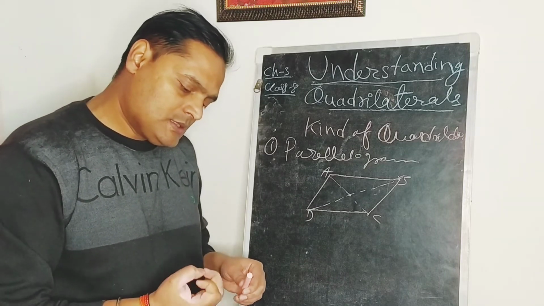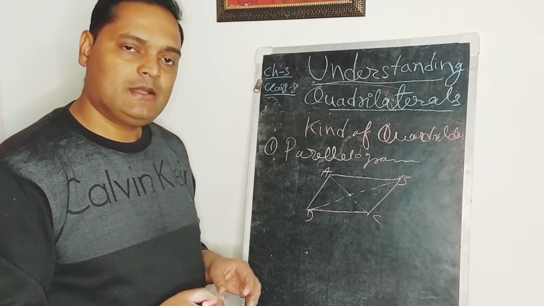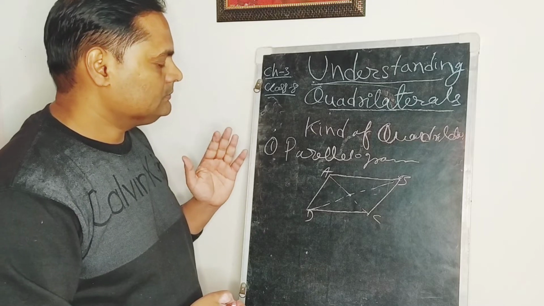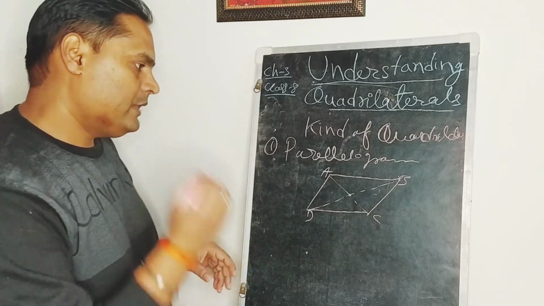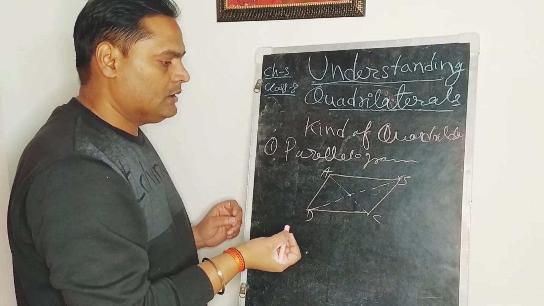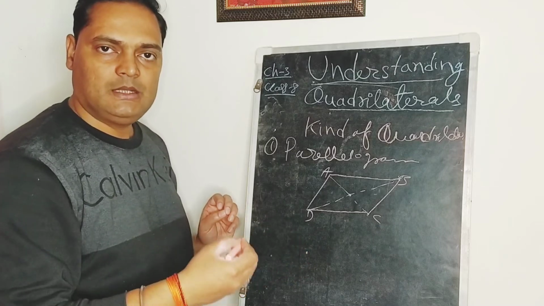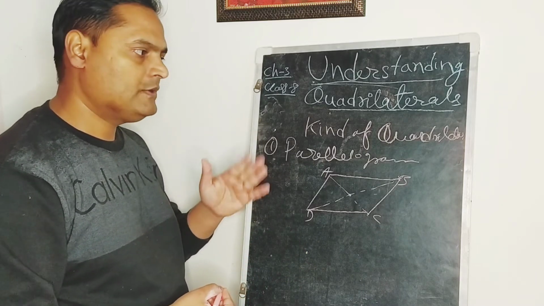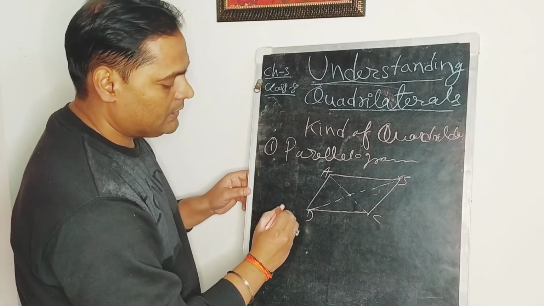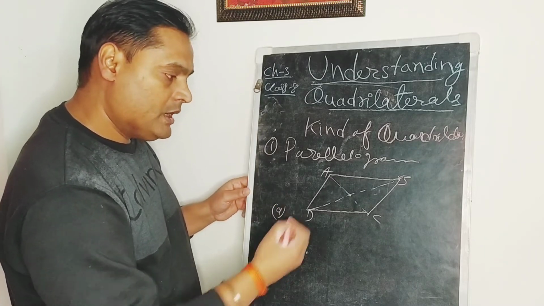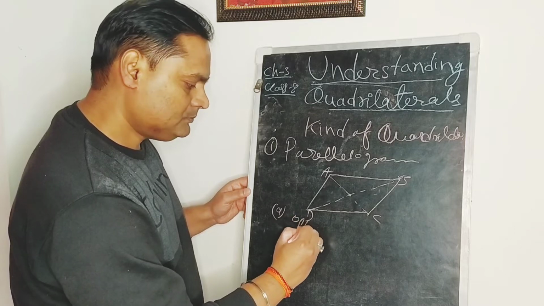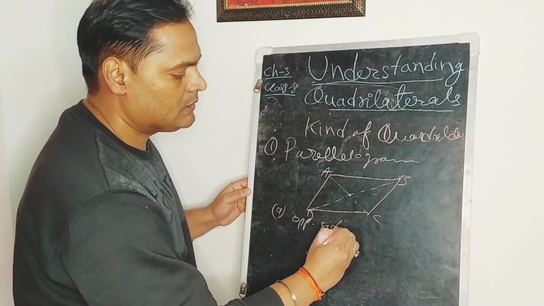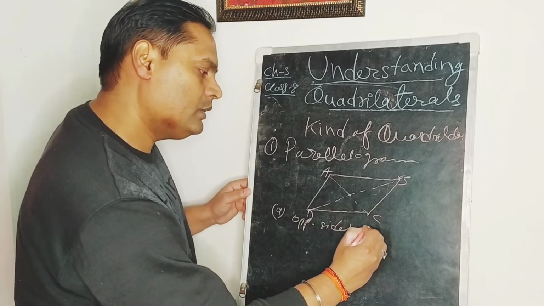So how do I classify and say that this is a quadrilateral? If it is meeting the properties of the polygon as well as the properties of the quadrilateral. For example, in A, the opposite sides are equal.